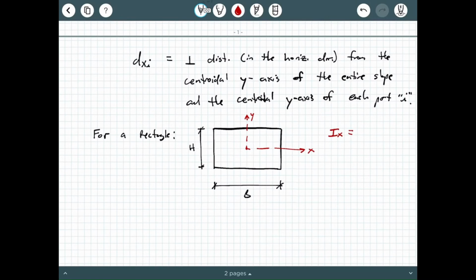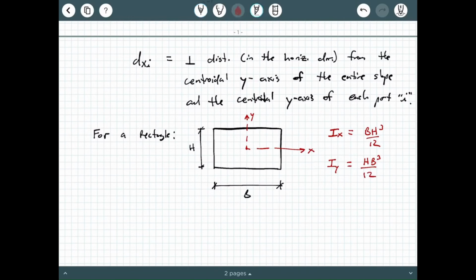So I sub x of a rectangle, again, this is for a rectangle specifically, is going to be bh cubed over 12. And if you remember from a previous video example, we actually derived that formula. And then we're also going to have I sub y, and this formula happens to be hb cubed over 12.